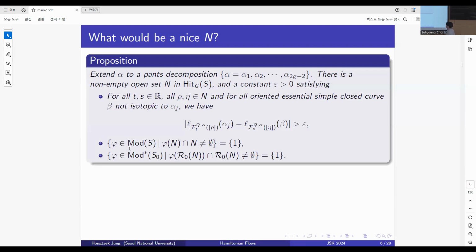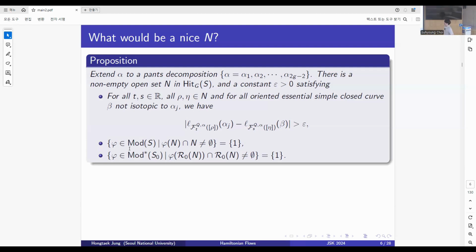Then you measure the length of alpha j at the representation obtained by applying the Goldman flow for time t to rho, and we measure the length of beta with respect to the representation obtained by applying the Goldman flow for time s to eta, and you take the difference. And we require that this difference is always bigger than the definite amount epsilon. That's the first requirement for our open set N.